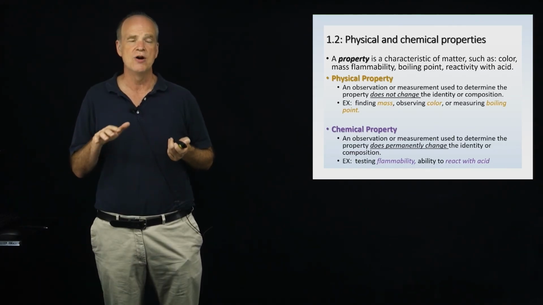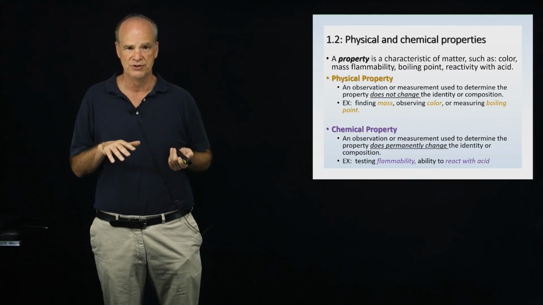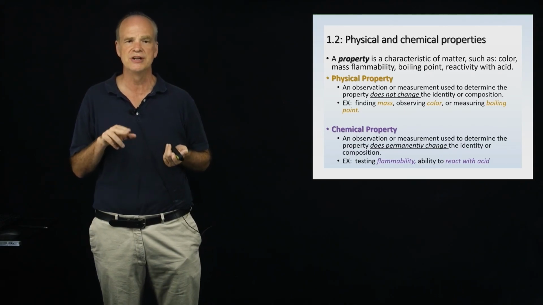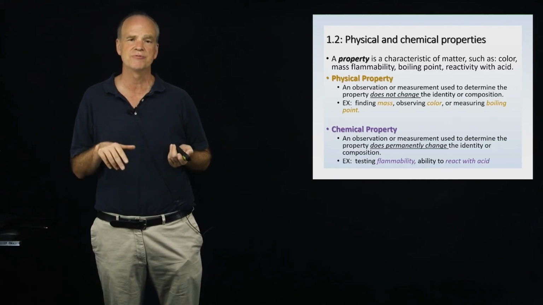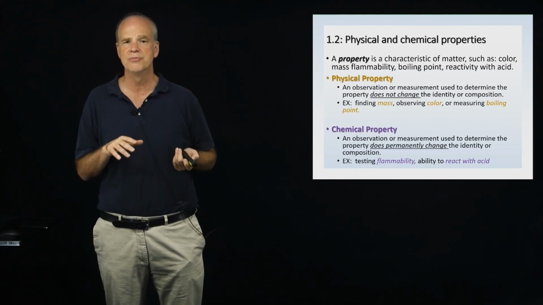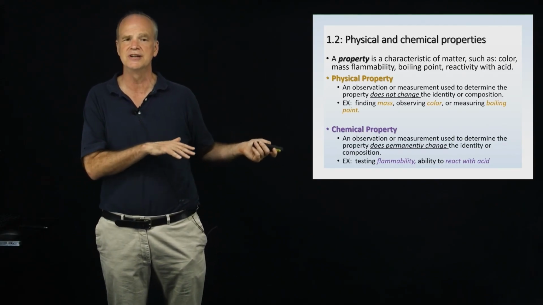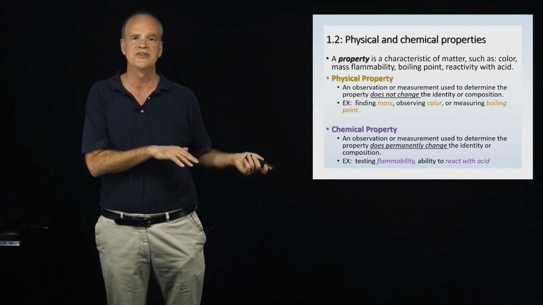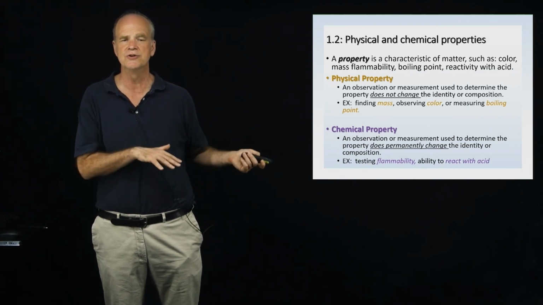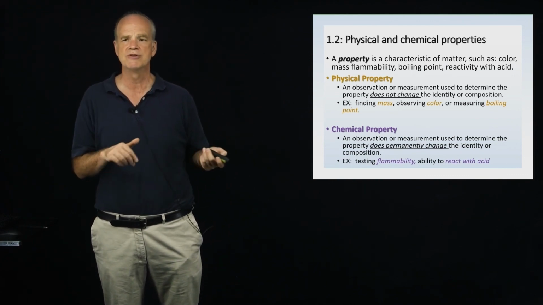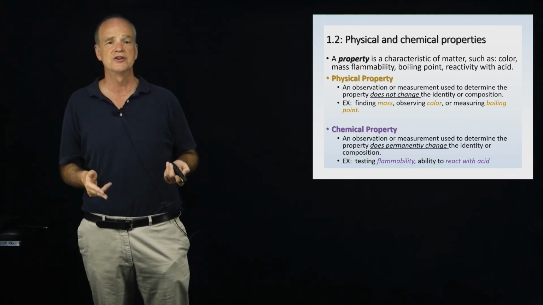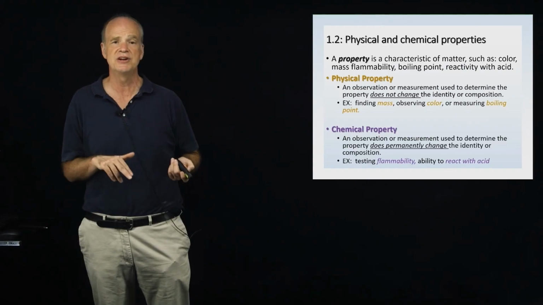A good example of a chemical property would be flammability. If you're testing the flammability of a substance and it burns, as we talked about earlier, when it burns, it changes into a completely new set of molecules. Since it's changing into a new identity, that property would be a chemical property. Another good chemical property is reactivity with acids.